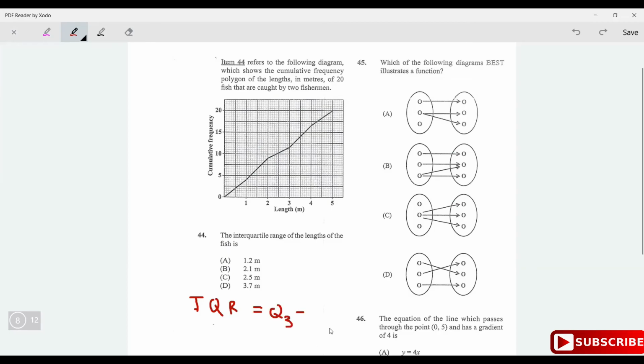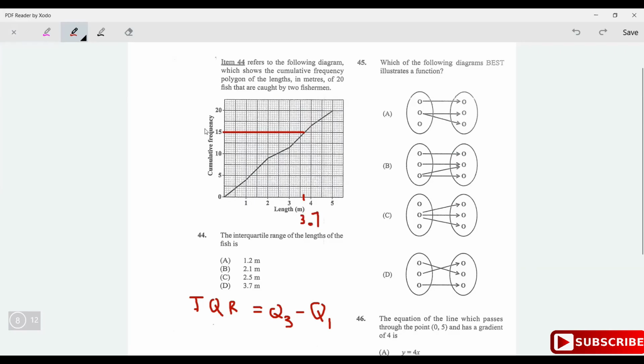So using the diagram, let's find Q3. For Q3 you go across to 15. That's right here. That looks like 3.5, 3.7. That's 3.7 right here. That's Q3, 3.7.